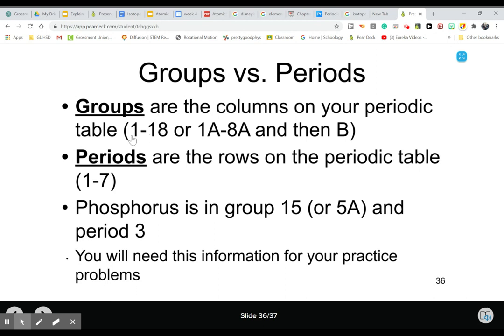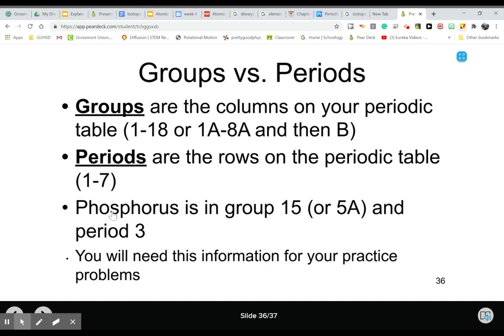Another way to number those is we usually have the A groups and the B groups. The B groups are the ones that are lower. You can number them either way, and I will take either answer. And then your periods are your rows. So you start at hydrogen, that's row 1, and then you go down to lithium, that's row 2, and then going down is row 3, and so on and so forth.